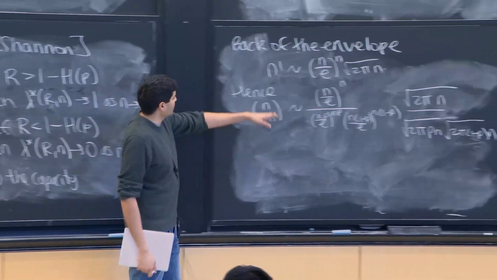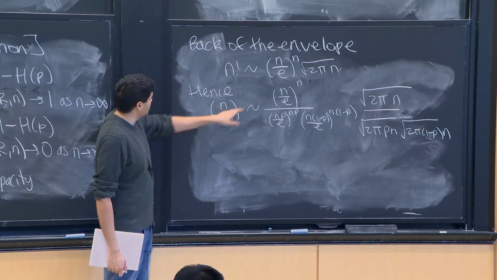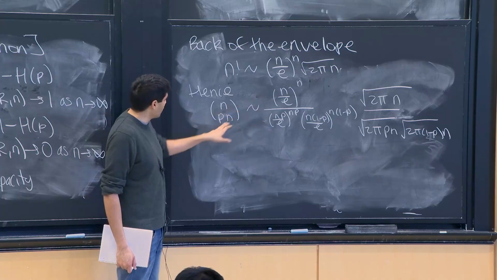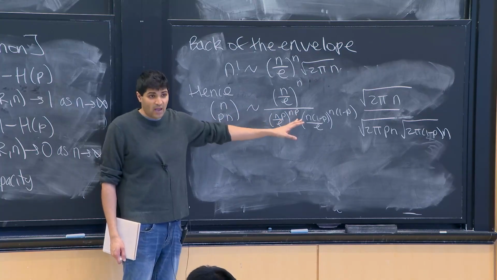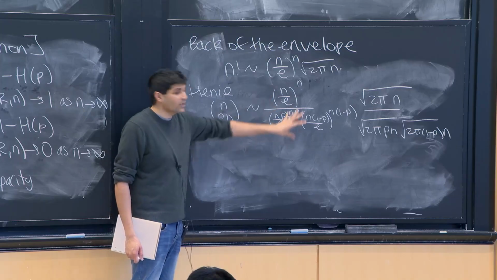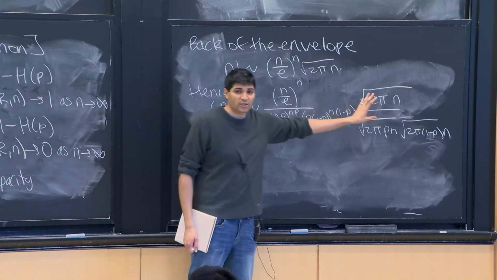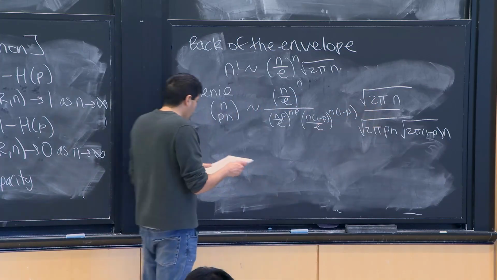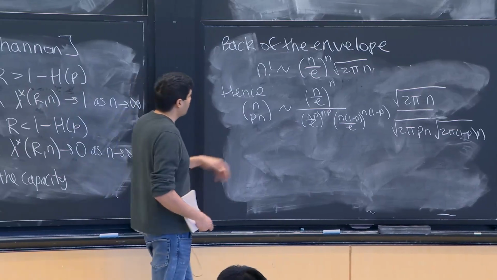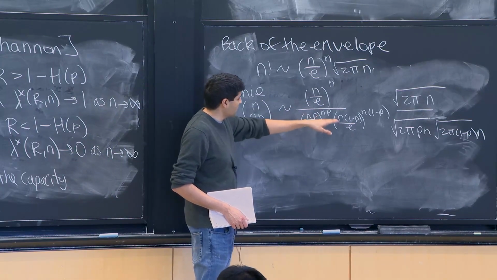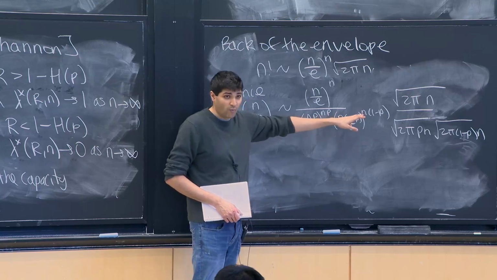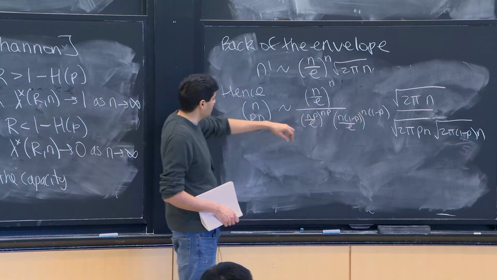And this is not mysterious, right? Because this binomial is just n factorial over pn factorial times 1 minus p n factorial. And these are the leading order terms because these are much, much smaller. Now what I can do is cancel things out, because this n to the n cancels with the n to the np times n to the n times 1 minus p.